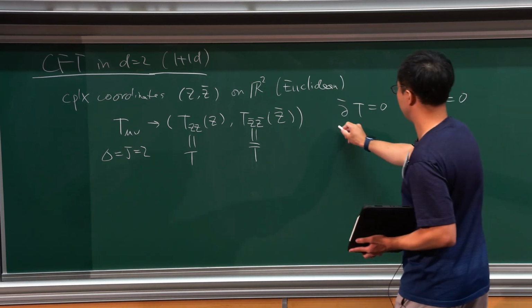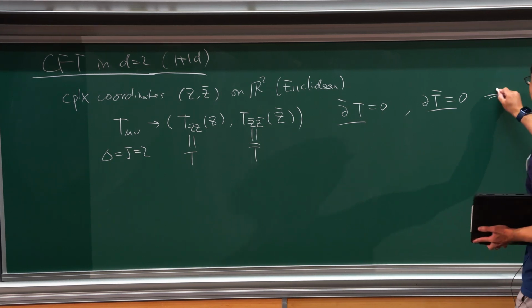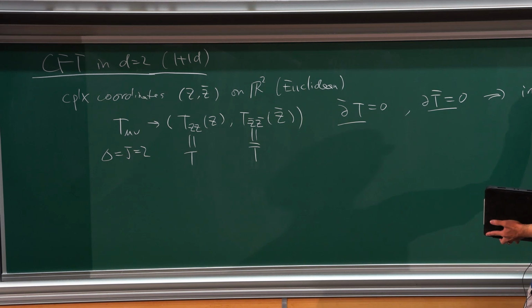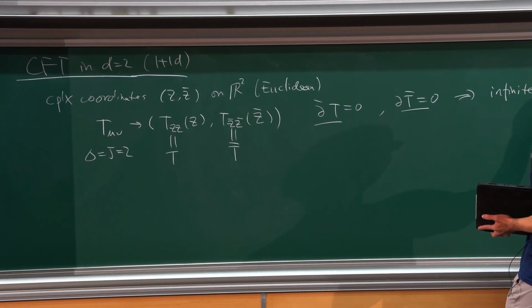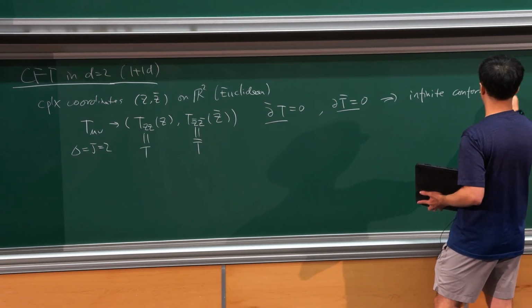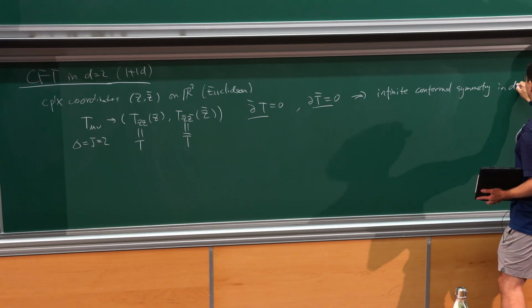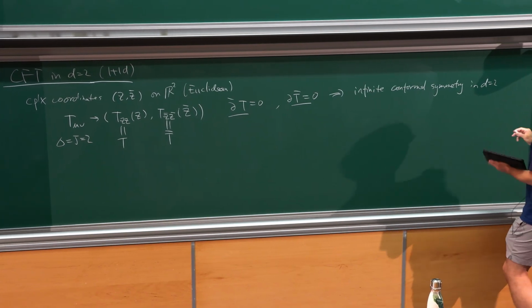And this property, namely that T and T bar are separately holomorphic and anti-holomorphic, leads to a drastically enhanced conformal symmetry in 2 dimensions, this enhanced infinite dimensional conformal symmetry in D equal to 2, namely the Virasoro symmetry.